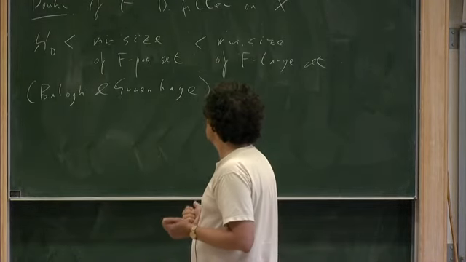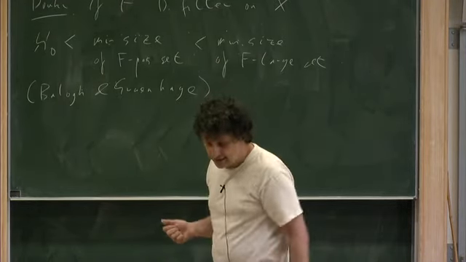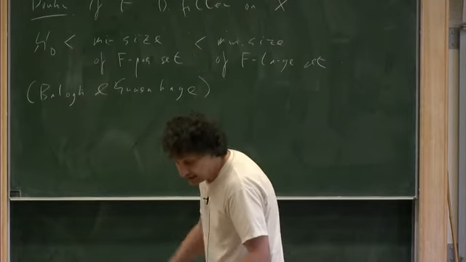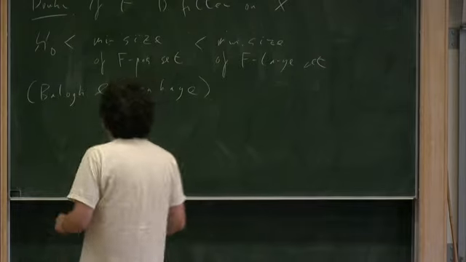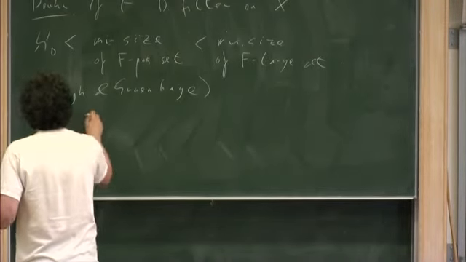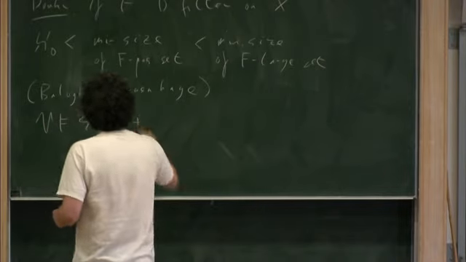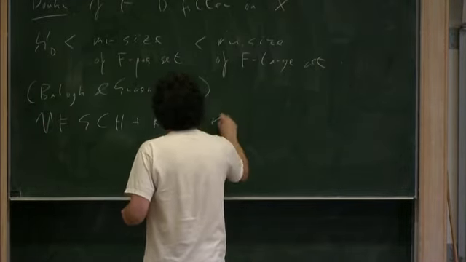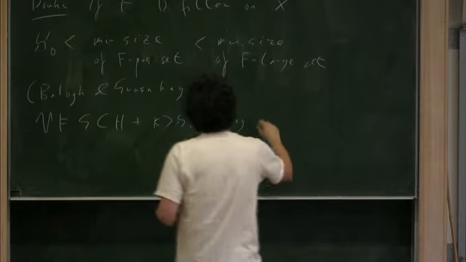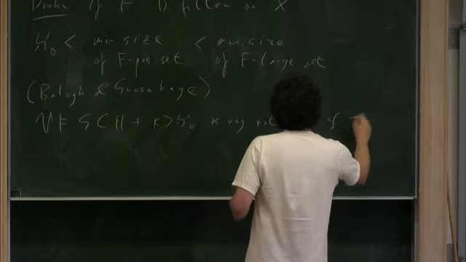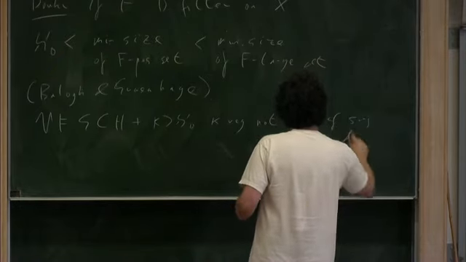Balogh and Gruenhage gave a consistency proof for the existence of a Dowker filter by iterated forcing. They say V believes GCH and kappa is uncountable, kappa is regular, not the successor of a singular cardinal.